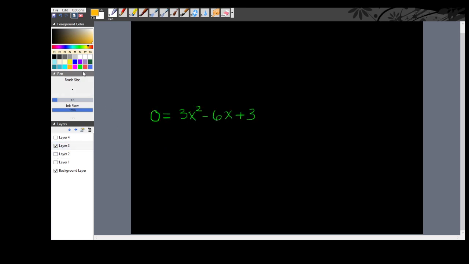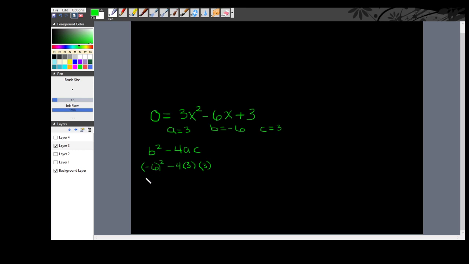Alright, so our next example. Our a value is 3, our b value is -6, and our c value is 3. So b squared minus 4ac, I would get negative 6 squared minus 4 times 3 times 3.